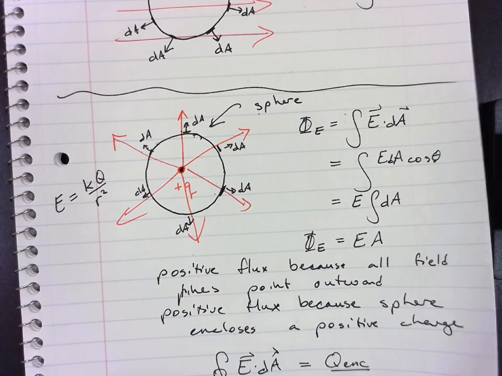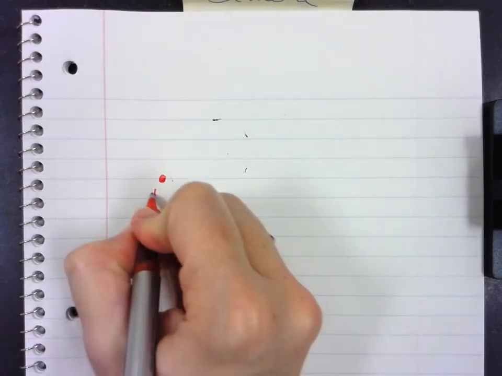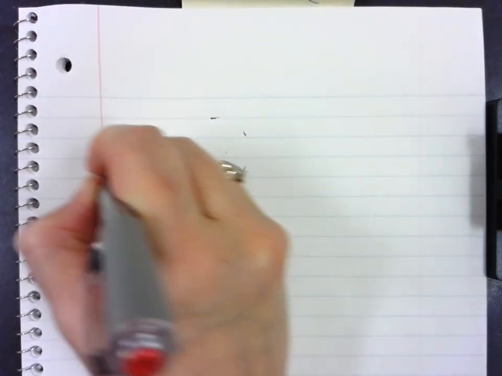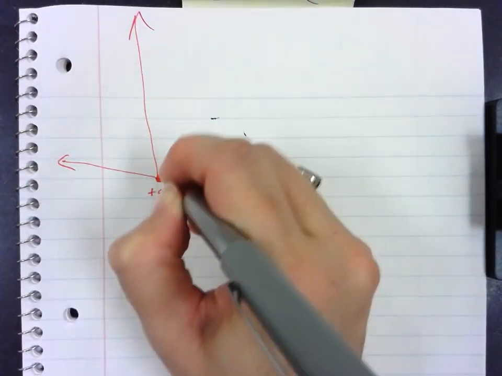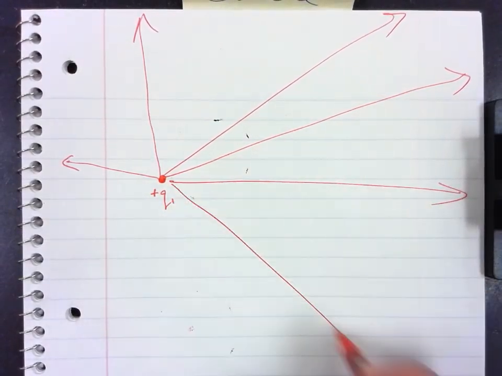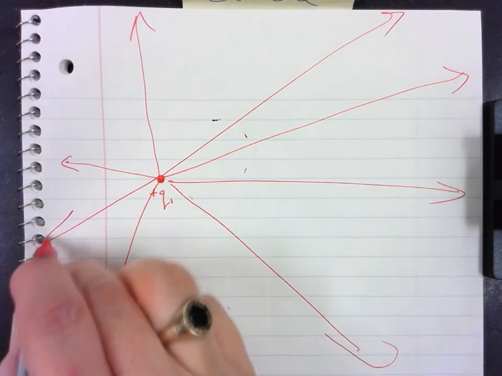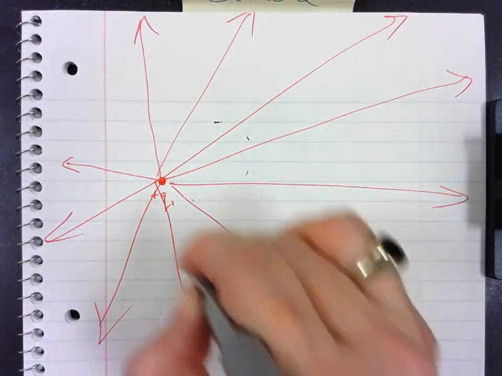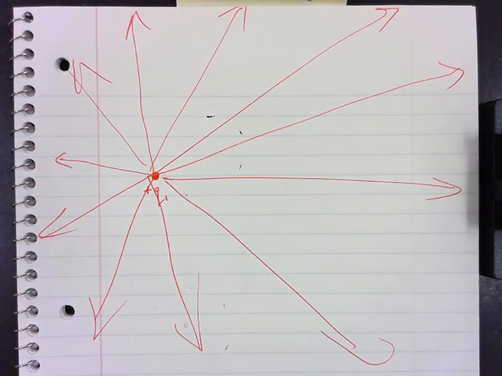So I'm going to draw a different example with two charges. I'm going to have a positive Q1, and I'll draw really long electric field lines. That's a good number.